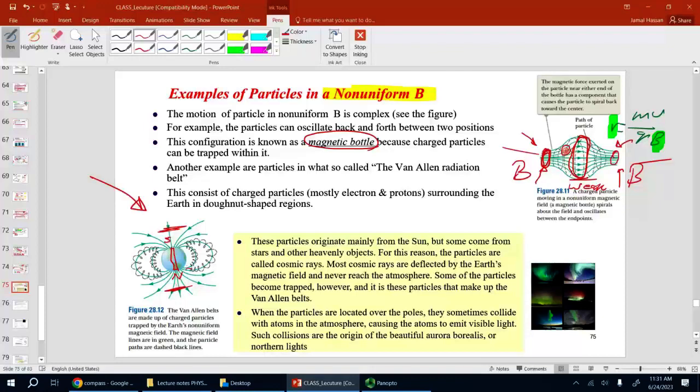That's why you see the radius small here, but here the radius gets bigger. So those particles move around without hitting us, without penetrating. Some of them still penetrate the Earth, but most of them are suspended or moving around our planet, and that area is called the Van Allen belt.